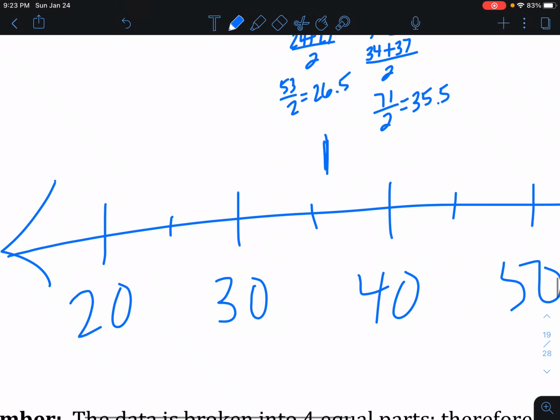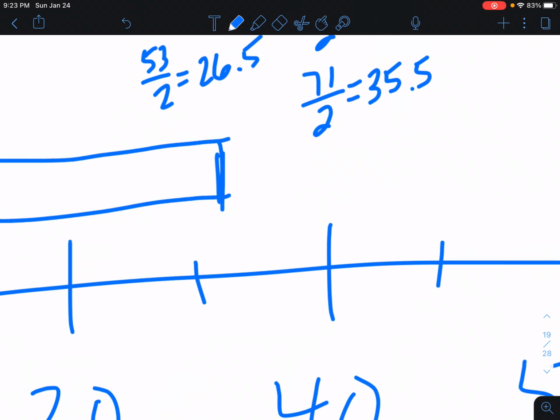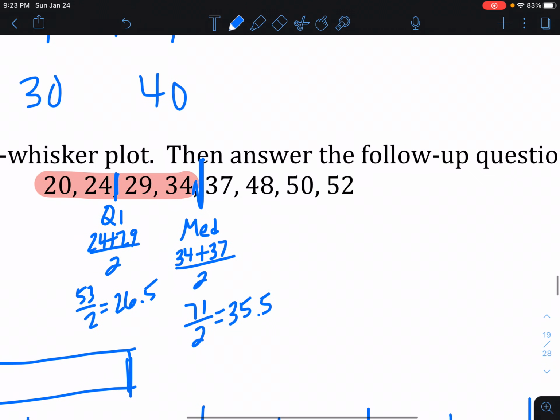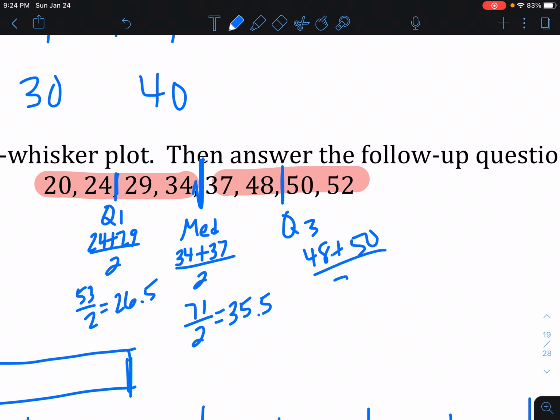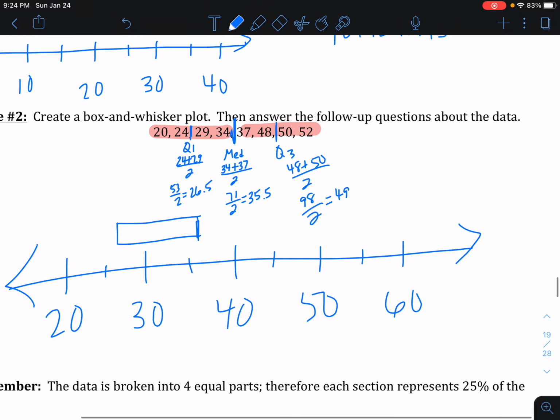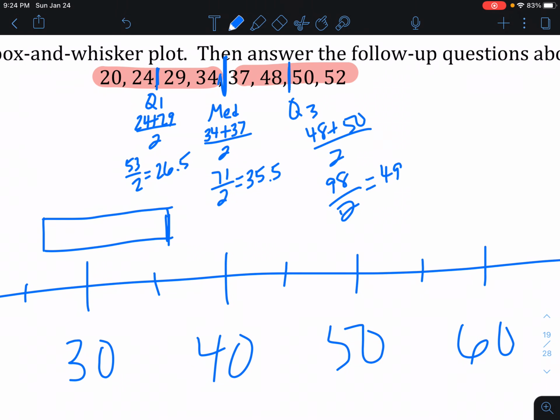So that would go right about here, the left side of my box. And then for the upper half, my middle number is between 48 and 50. So that's my third quartile. Add them up and divide by 2, and that'll be 49. So that'll be the right side of my box.